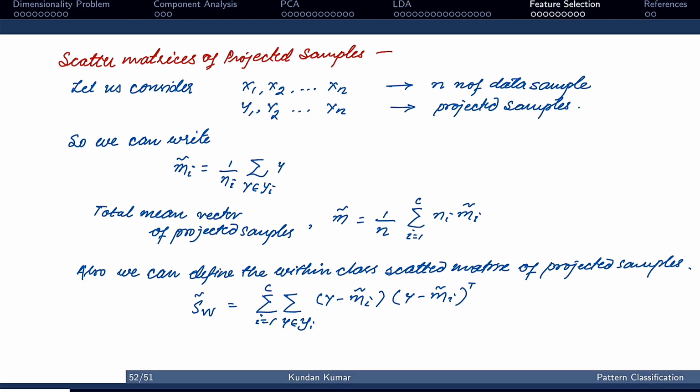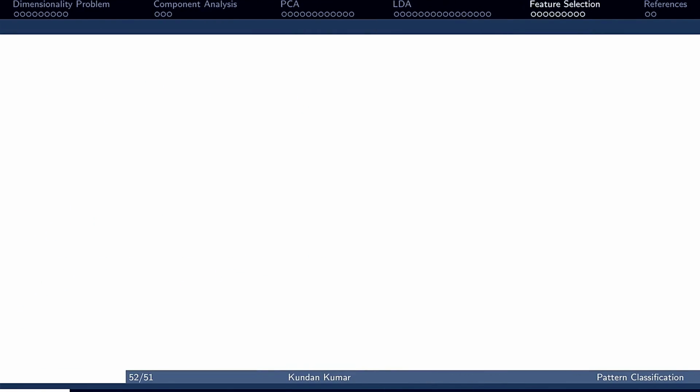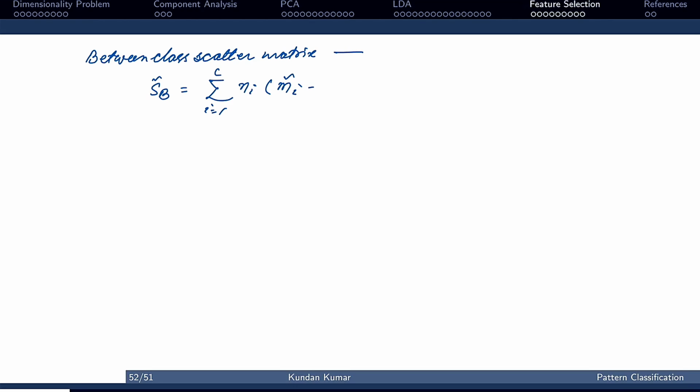So similarly we can write the between class scatter matrix that we derived earlier. So what will be the between class scatter matrix? SB tilde equal to summation over all the classes, okay.